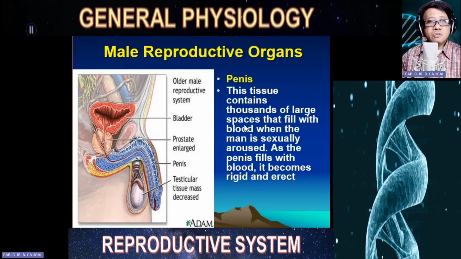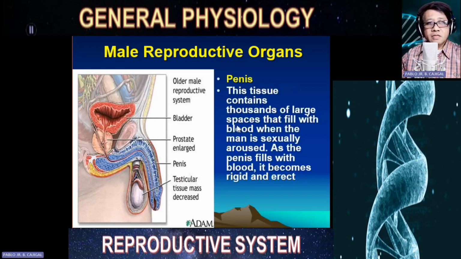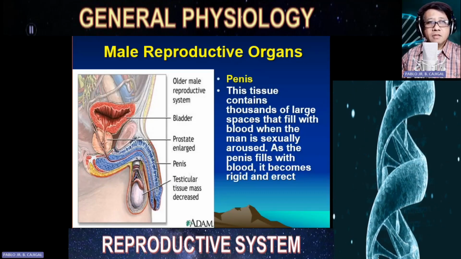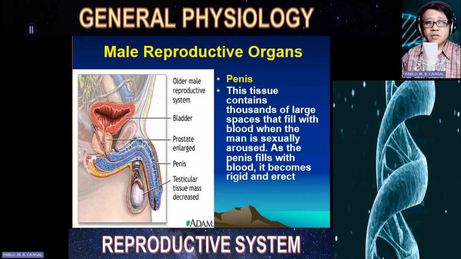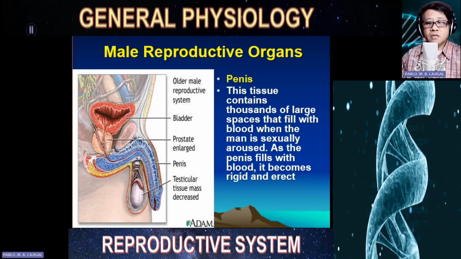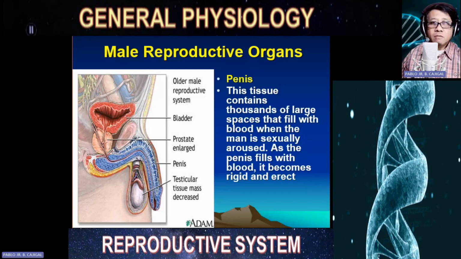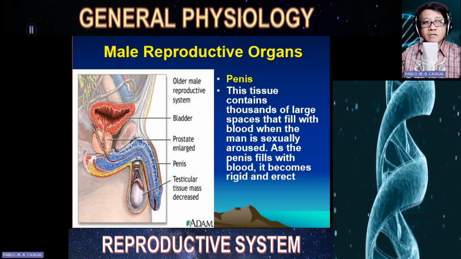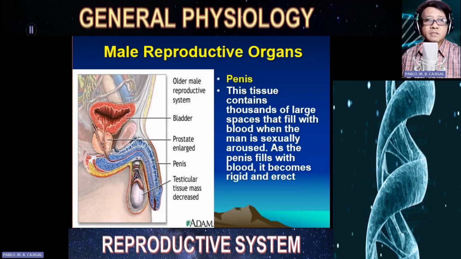Okay, the tissue contains thousands of large spaces that fill with blood. Ayan, parang balloon. So, during the sexual act, pag na-arouse yung lalaki, blood flows in and will literally inflate those large spaces or yung mga chambers.